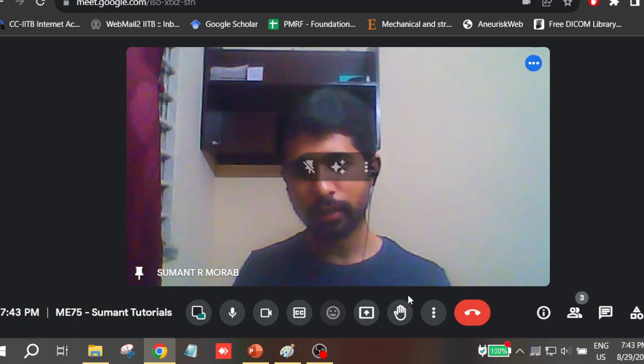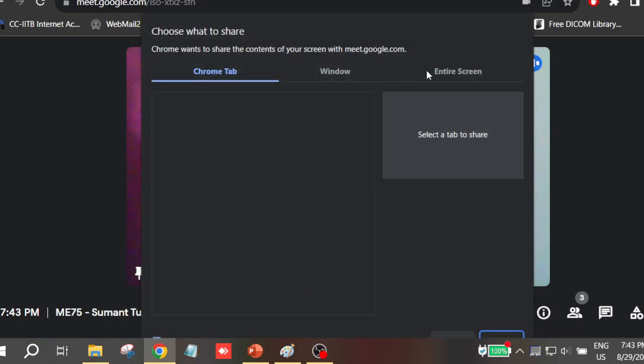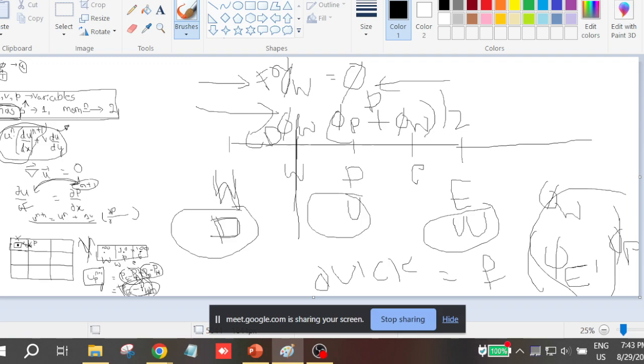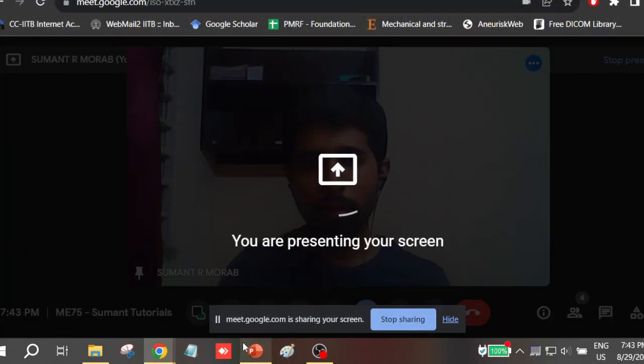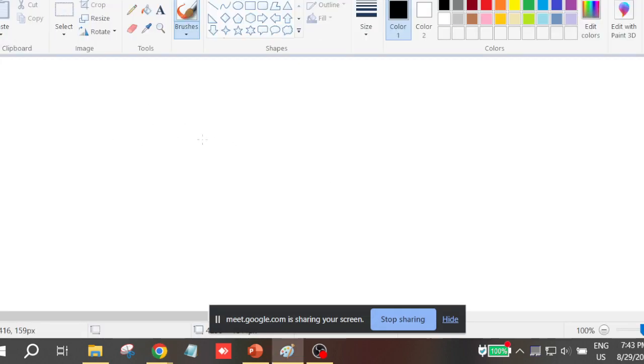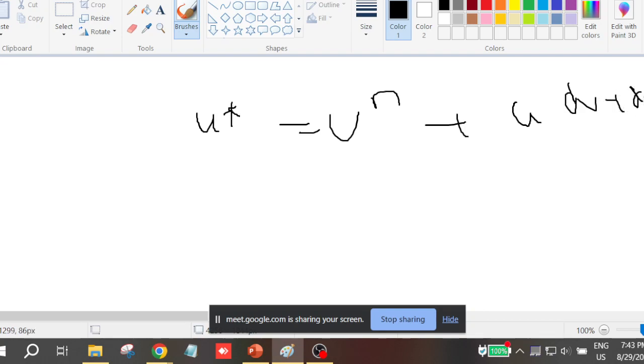Let me just share my screen and write it down, because it will be difficult to understand otherwise. What we do is first calculate u star using u n and just the advection and the diffusion terms. We do not include the pressure term altogether.